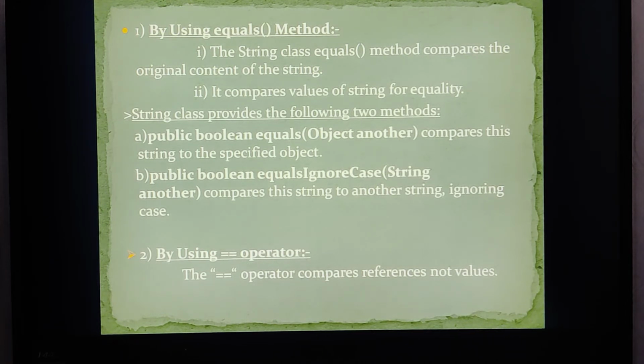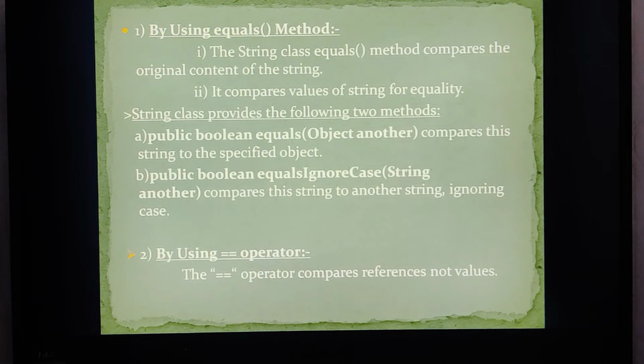For this reason, basically in our coding and in our projects, we use equalsIgnoreCase. Here it will not check whether the letters are uppercase or lowercase. It checks the value, whether "welcome" is there or not.